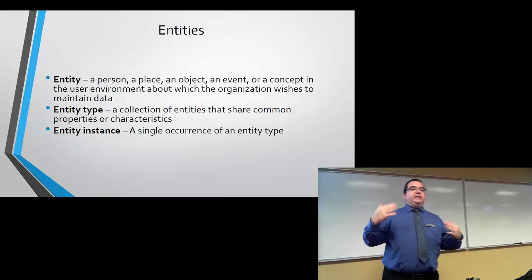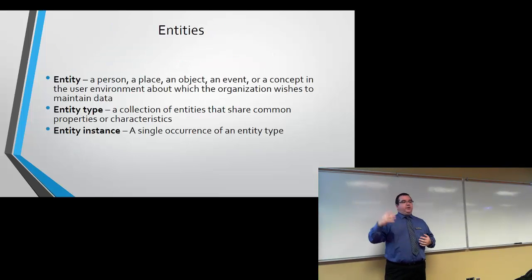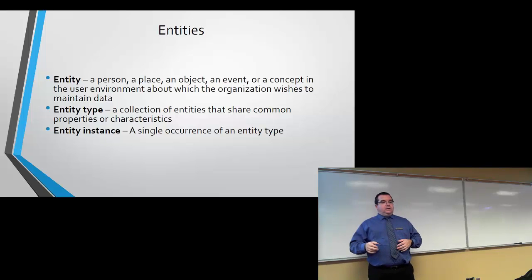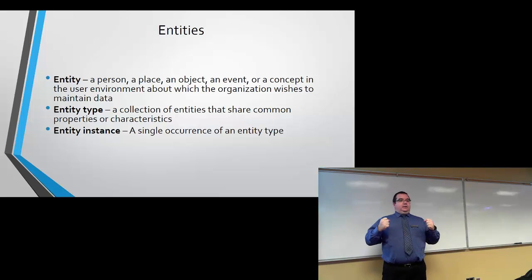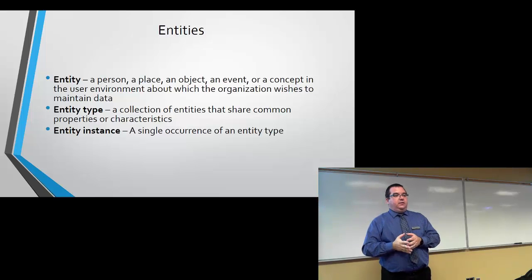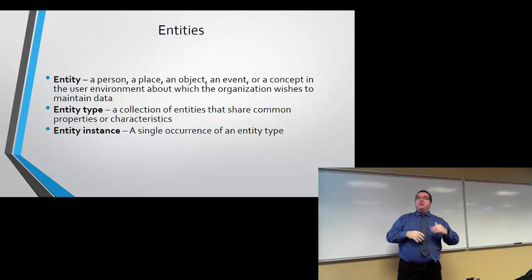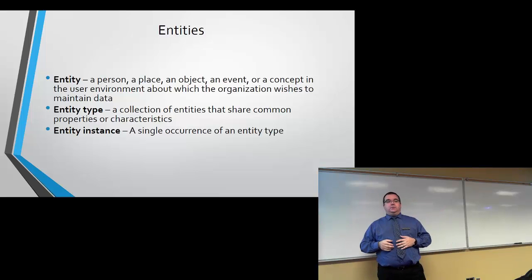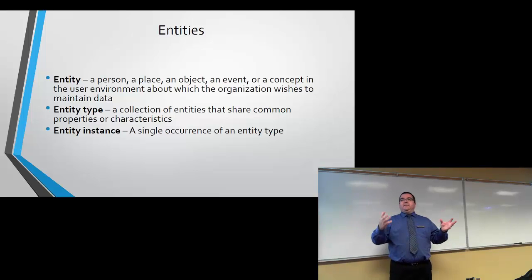All right, so a bit more detail about entities. I covered it a bit already, but we're going to go through a bit more. There is an entity type, an entity instance, and then the entity. The entity is a person or a place. I described this fairly well already. Or it could be a concept in the user's environment, which we need to maintain data.